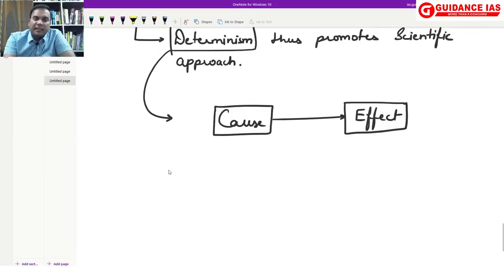This cause has an effect, and this cause lies where? This cause lies in the external domain.